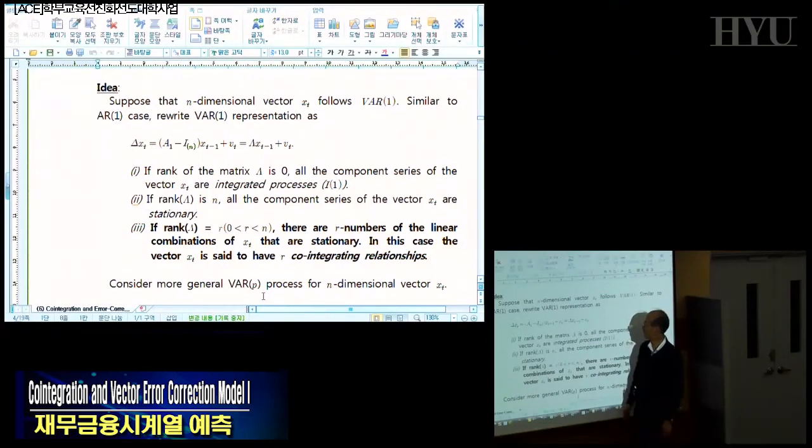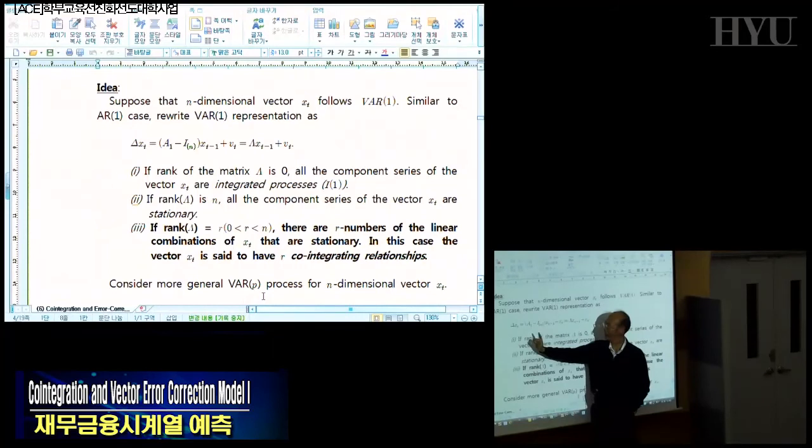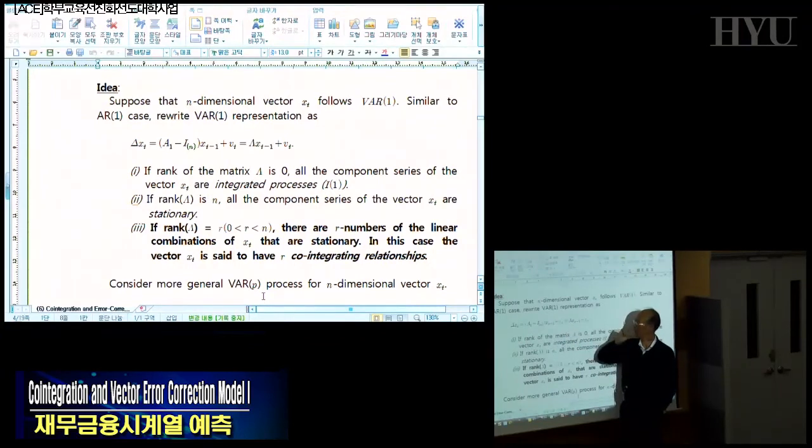Suppose this is simply a univariate time series, X is univariate. What is the implication of finding lambda 0?